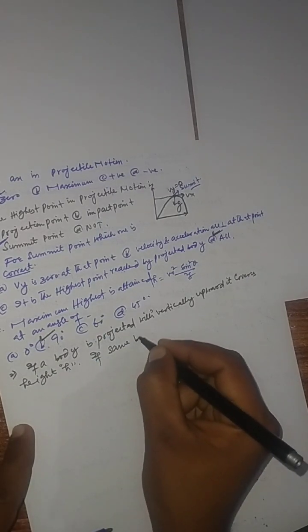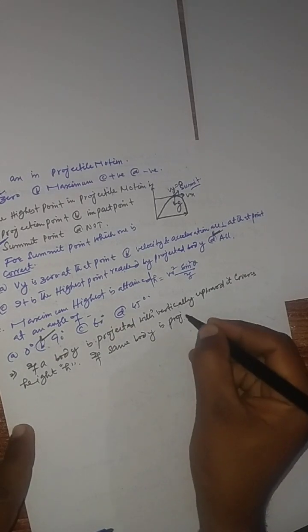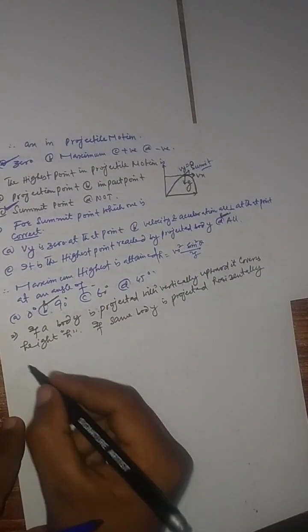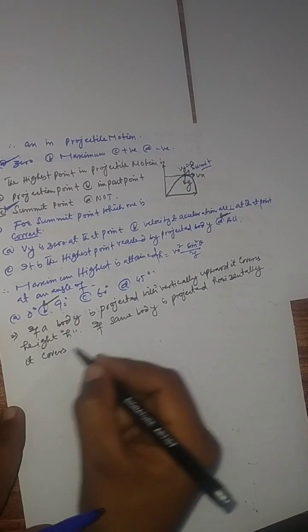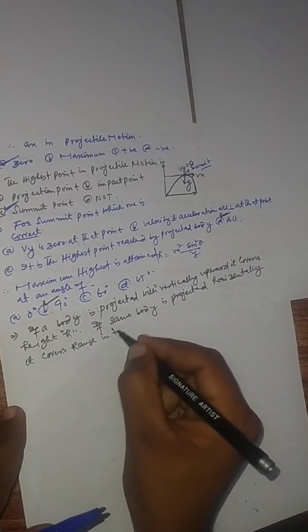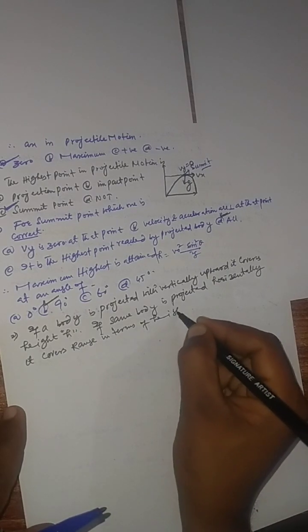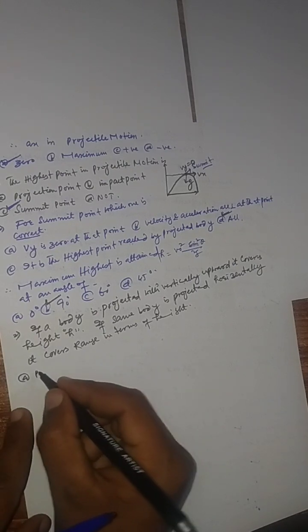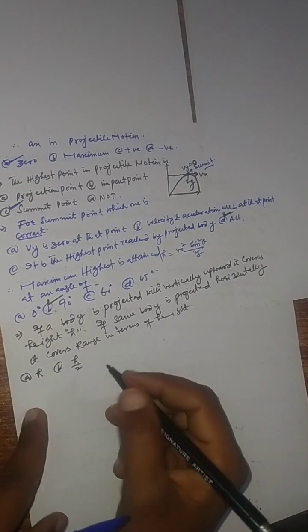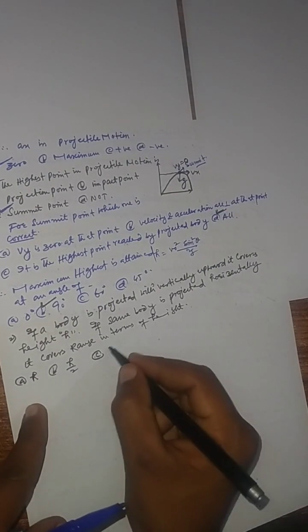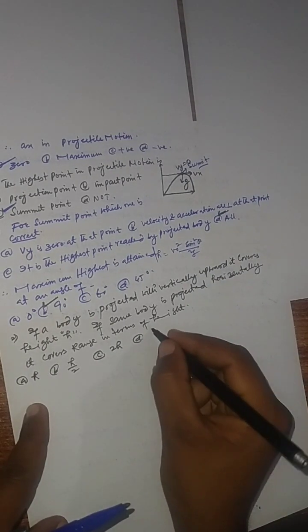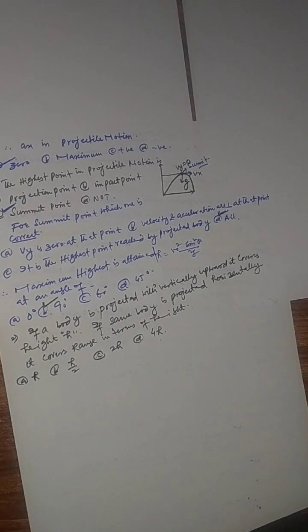If the same body is projected horizontally, it covers a range in terms of height. हाइट के टर्म्स में रेंज कितनी कवर करेगा, that must be equal to h, or 2h, or let's say 4h. Then what will be the correct answer?